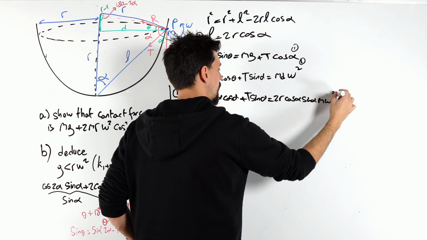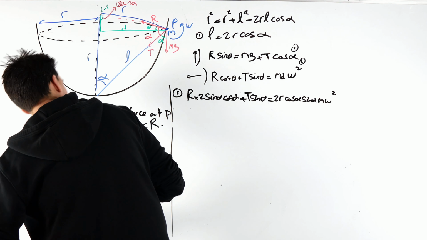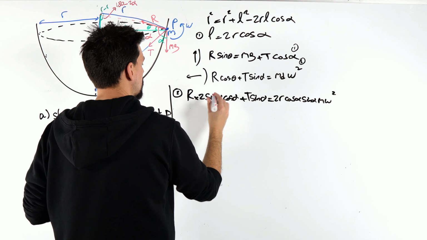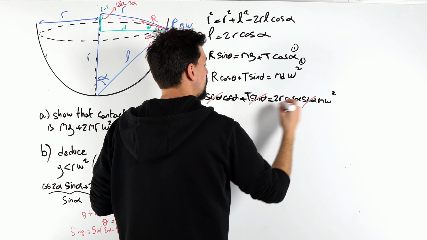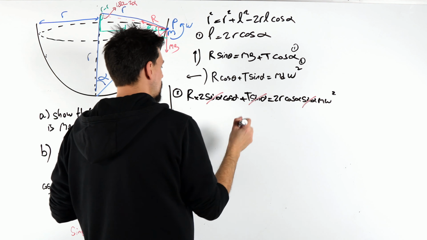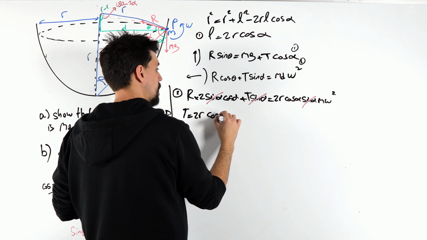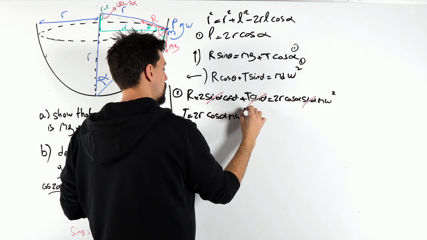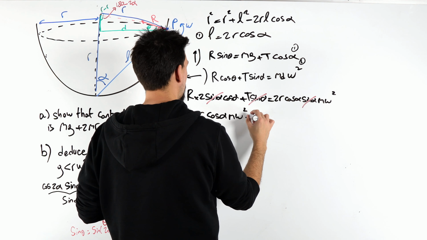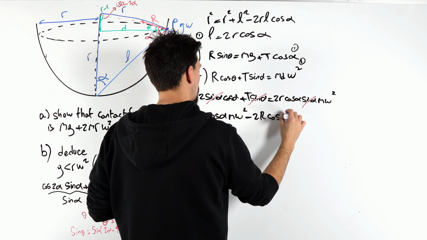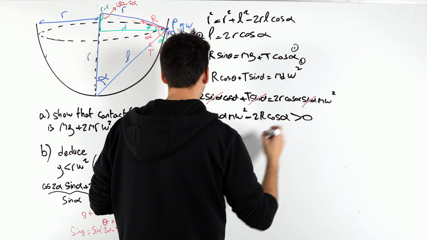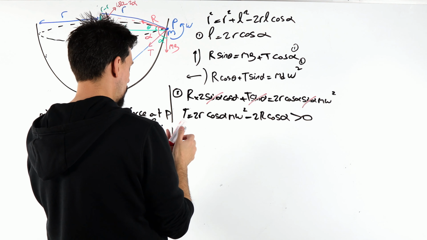There's an m in there and an omega squared. And we'll see that a whole bunch of sine alphas cancel out. So that tells me that t is 2r cos alpha m omega squared minus 2r cos alpha. Now that needs to be positive, and this is where this condition is going to come from.